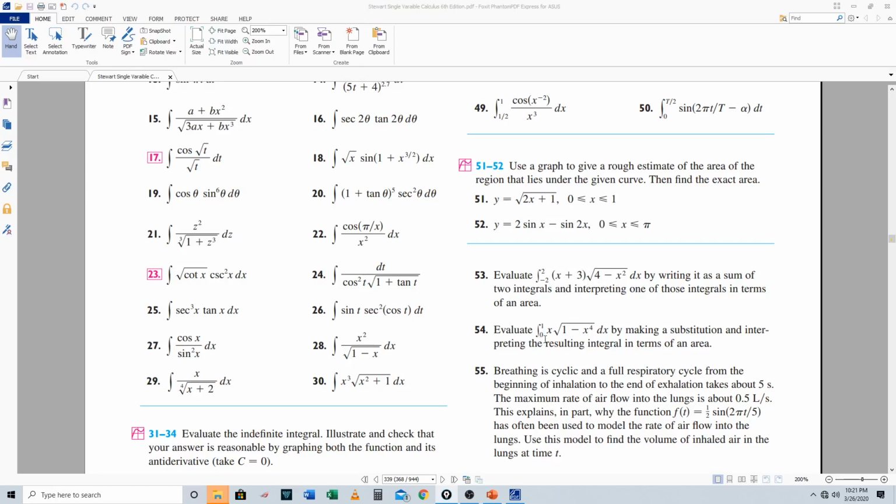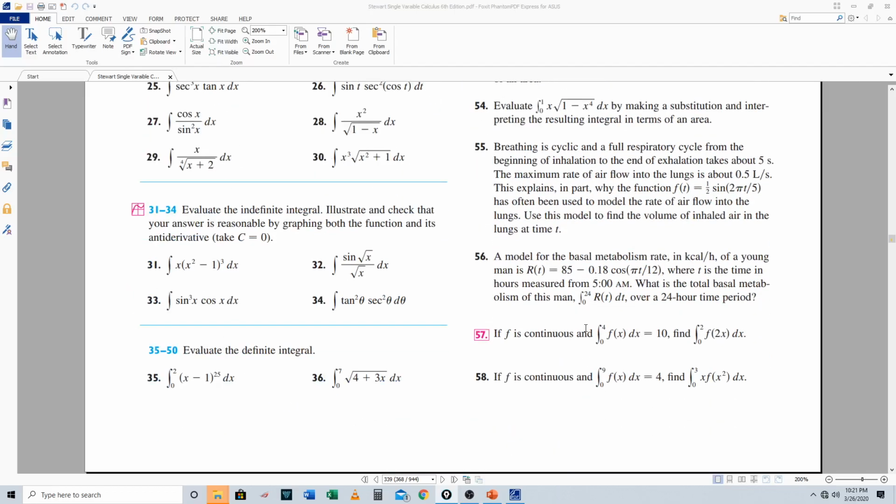We can prove it's an even or odd function by plugging in negative x and seeing if we get the same function, or the same function with different signs. Actually, it's neither. So, yeah, it's neither even nor odd. This one here would be odd.